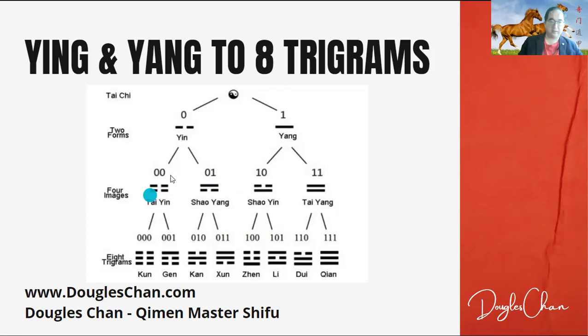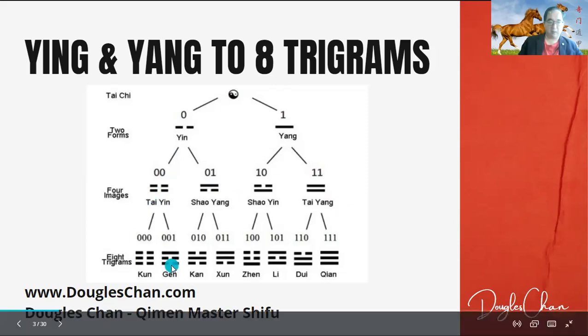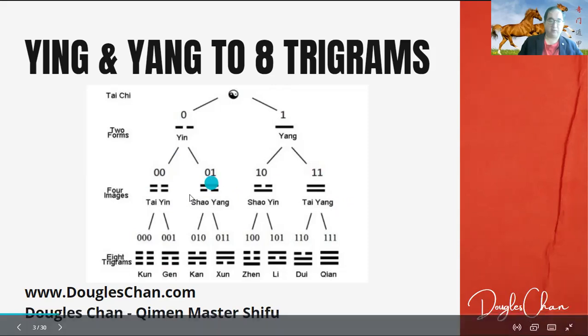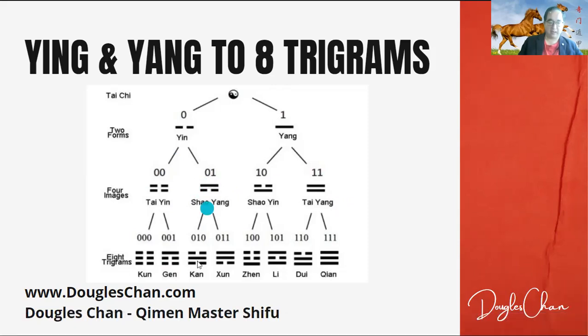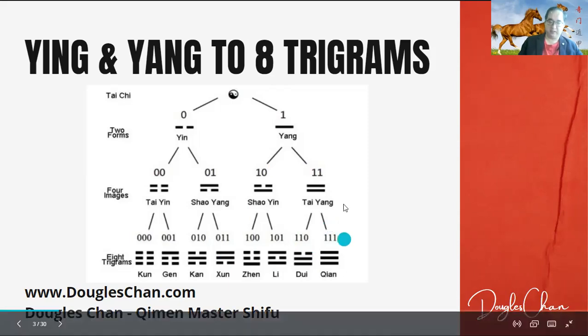Within the Tai Yin, we break down into Kun and Gun. For the Sao Yang, we break down into Kan and Shin. Sao Yin we break into Zhen and Li. Tai Yang we break down into Dui and Qian.